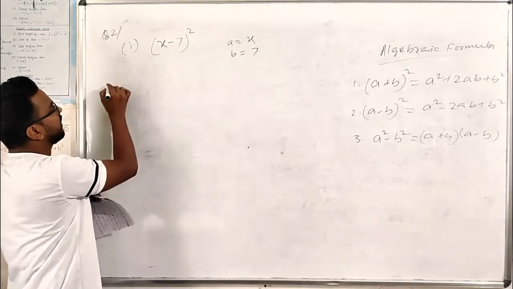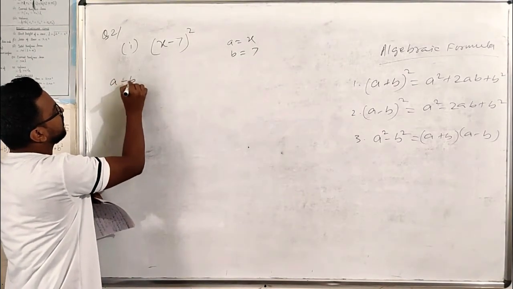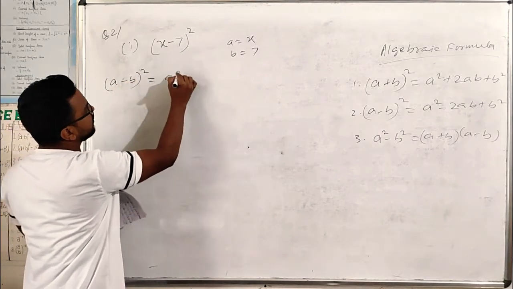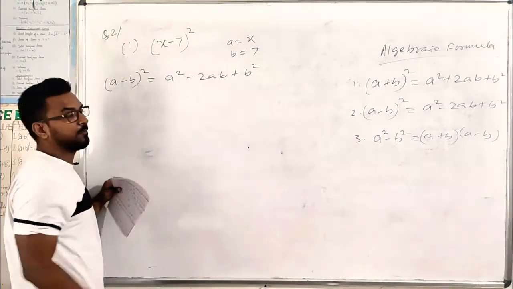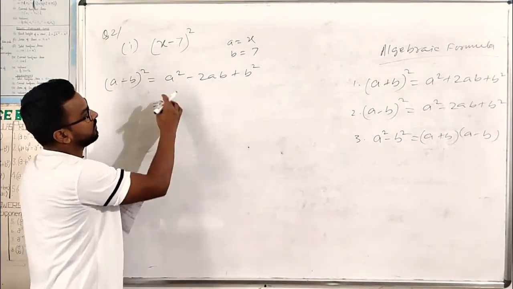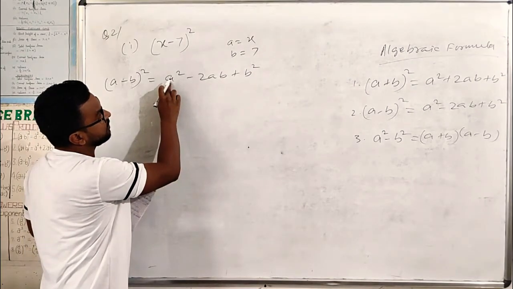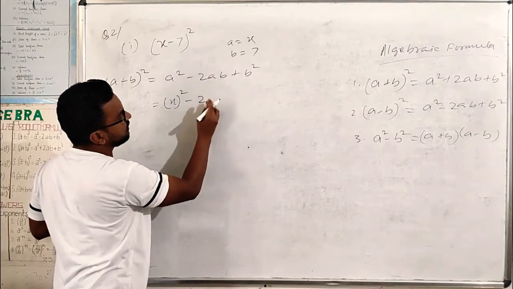Okay, so first we will write the formula: a minus b whole square, that is a square minus twice ab plus b square. Fine. Now what will we do? Instead of a we will put x whole square minus 2 into, this is the dot product.